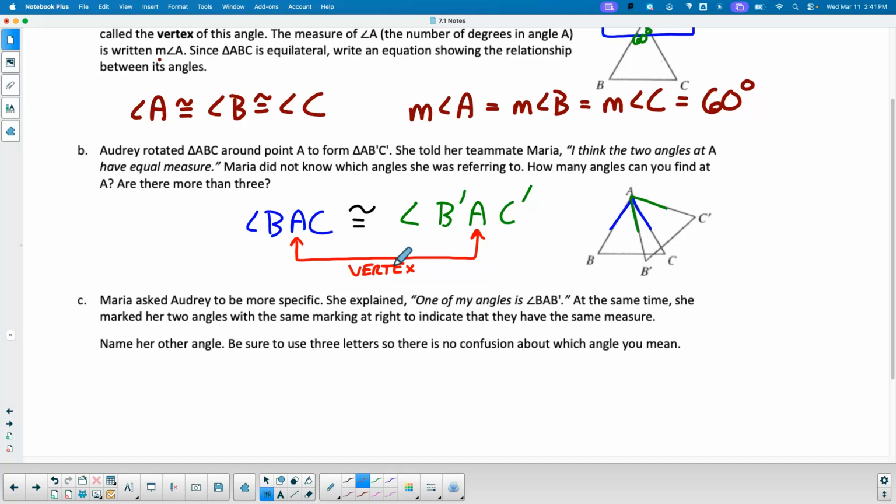And it can be any point as long as it's on that same ray. So if there's one angle at a point, or at a vertex, you can use a single letter for it. If there's multiple angles, you need to use the 3-letter name for it.